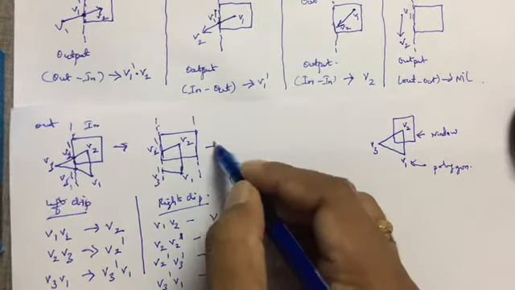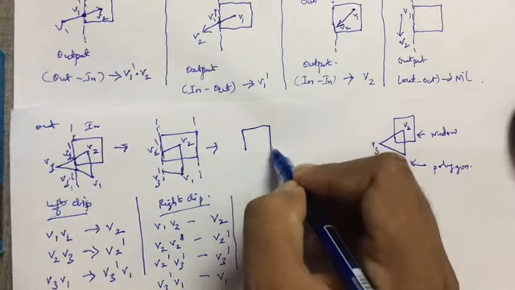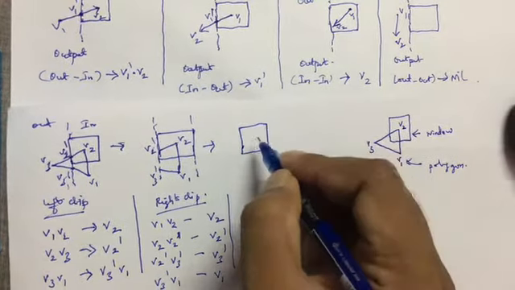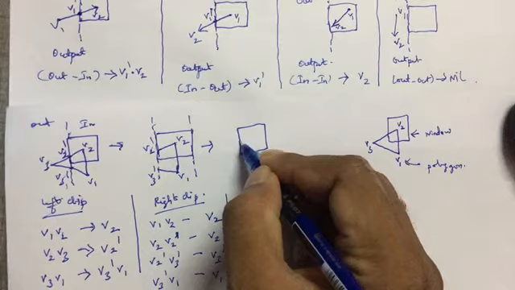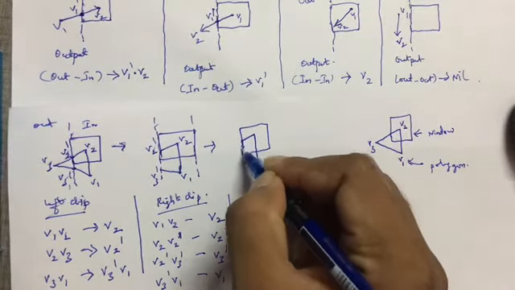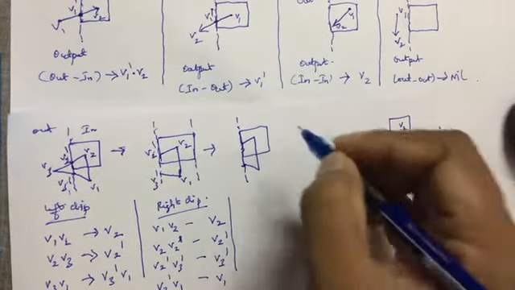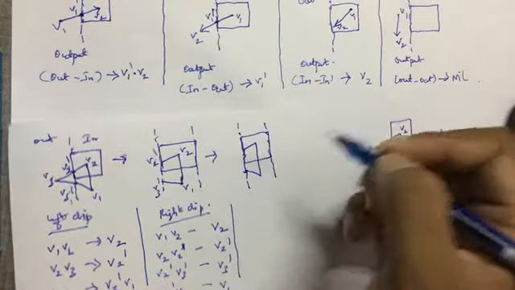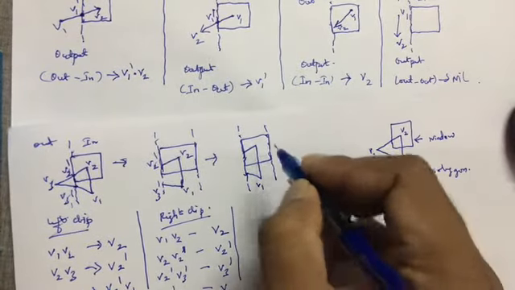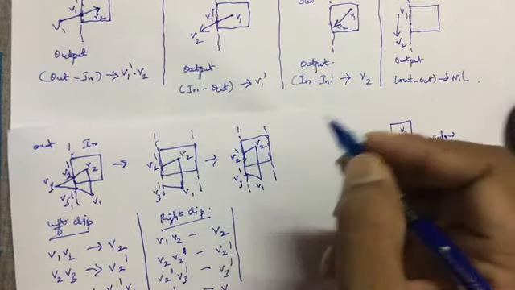There will be no change on clipping the right side, and so the output image will be this. Like before, we name every point V1, V2, V2 dash, V3 dash.